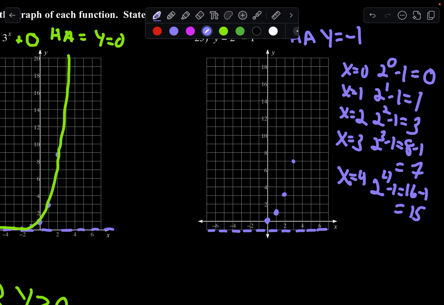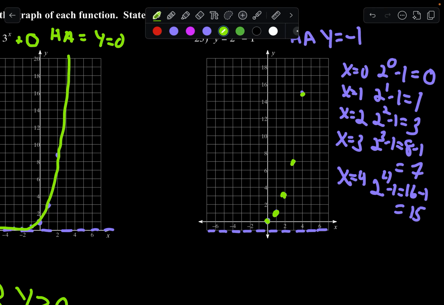And that's the last one, 1, 2, 3, 4. That's the last dot that will fit. Now I'm going to redo these dots in yellow because I wanted this graph to be in yellow. All right, and then the rest of these, just know that as we move to the left it just approaches the horizontal asymptote.